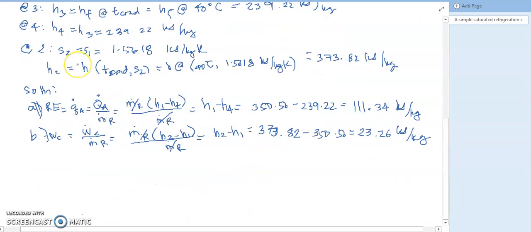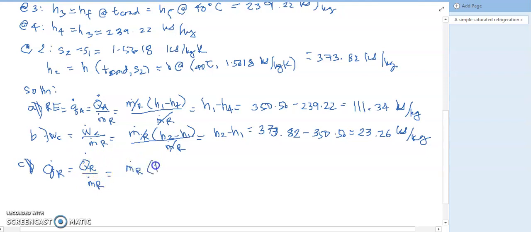Okay, for letter C, again, kung nalilito kayo, pwede kayong mag-energy balance. Gagawin ko sa mga susunod na example, okay? For letter C, we will be having QR. Again, QR over mass ng refrigerant. Ang system natin for heat rejection is yung ating condenser.